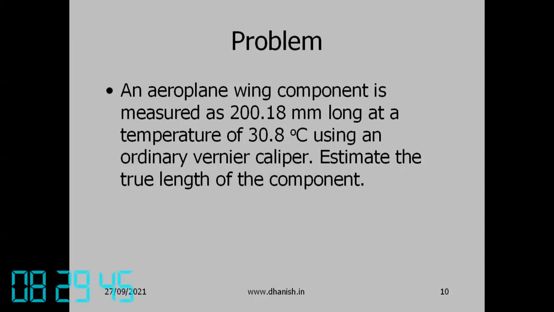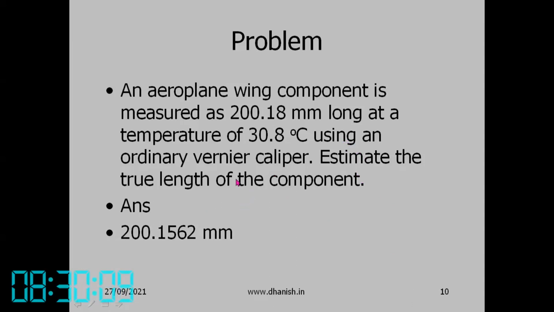So, the true length of the component L20 is equal to, okay, sorry, it's not there. So, please attempt for yourself. And then the coefficient of thermal expansion: we have to take the differential coefficient of expansion.